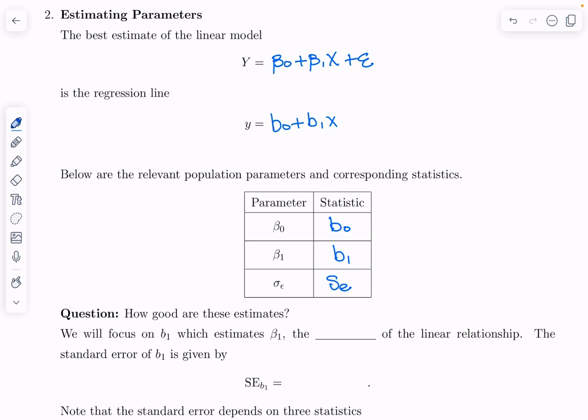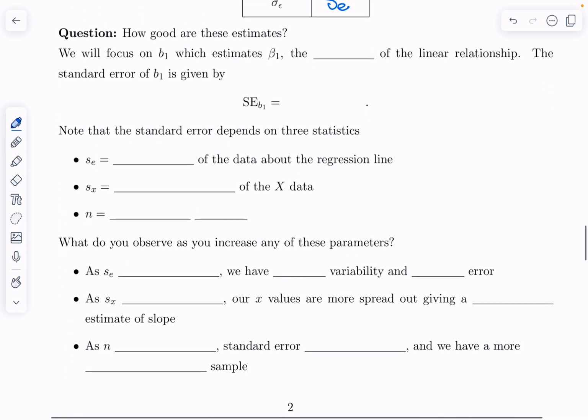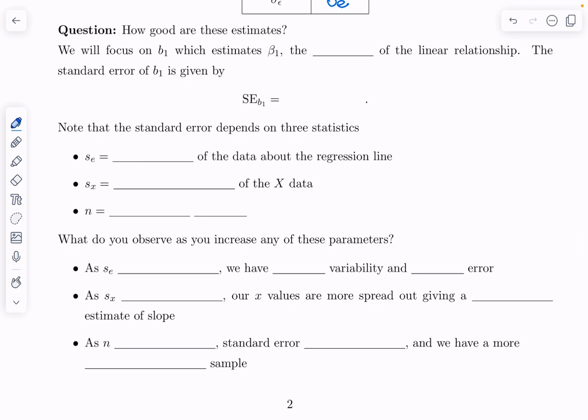We're going to focus our attention on how good our estimate is of the slope, because that's the parameter that has the best interpretation for our model. So we're going to focus on that b1, which estimates our beta 1, which is the slope of the linear relationship.